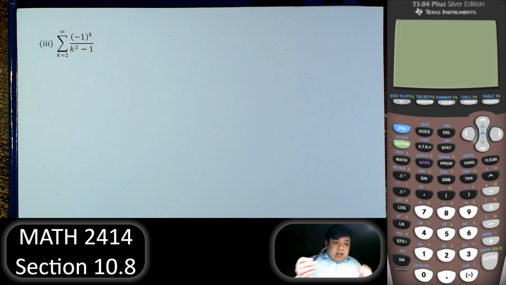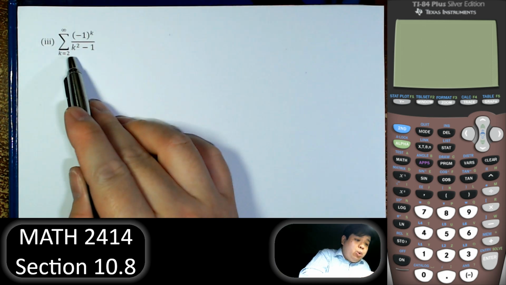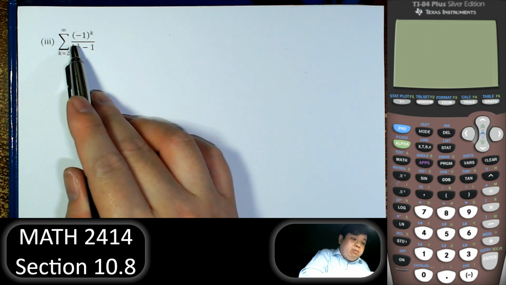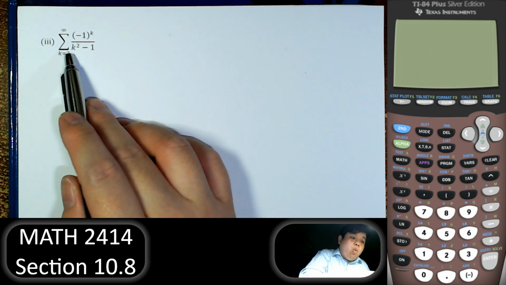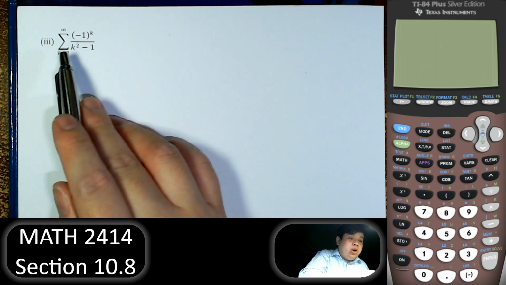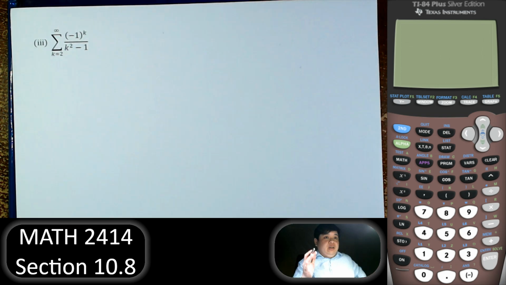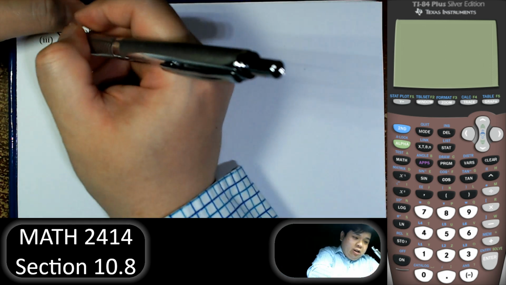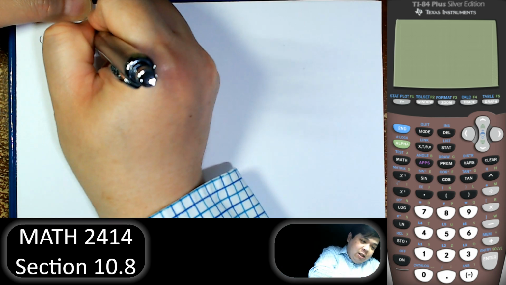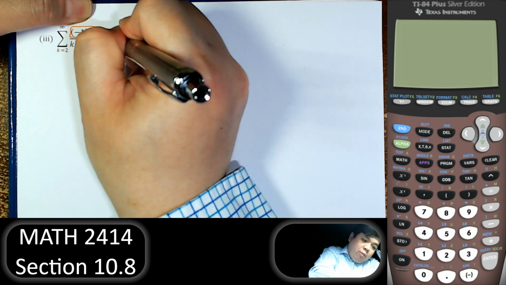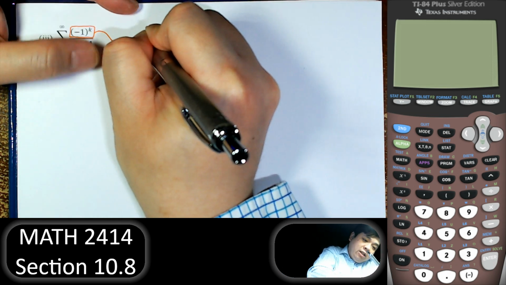The reason that in this problem we start at 2 is that if we have 1 in here, 1 squared minus 1 is 0. So we start at 2, just so that the first term is not going to be 0. We don't want to divide by 0. But as mentioned before, when we see something like this, that is automatically an alternating series.